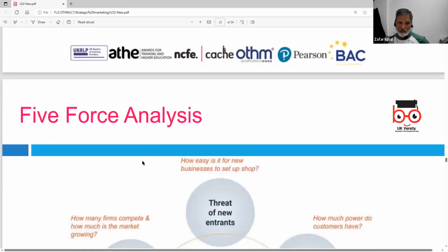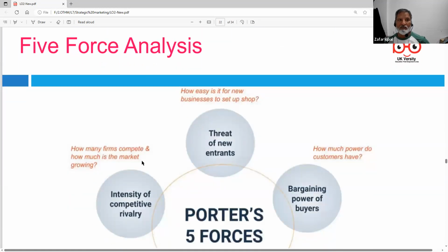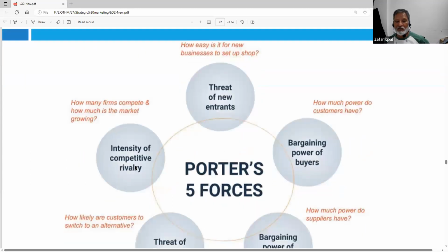Another thing you need to take into consideration is the 5 forces model, known as Porter's 5 forces model, whereby organizations can look at these factors when designing their marketing strategy and marketing plan.